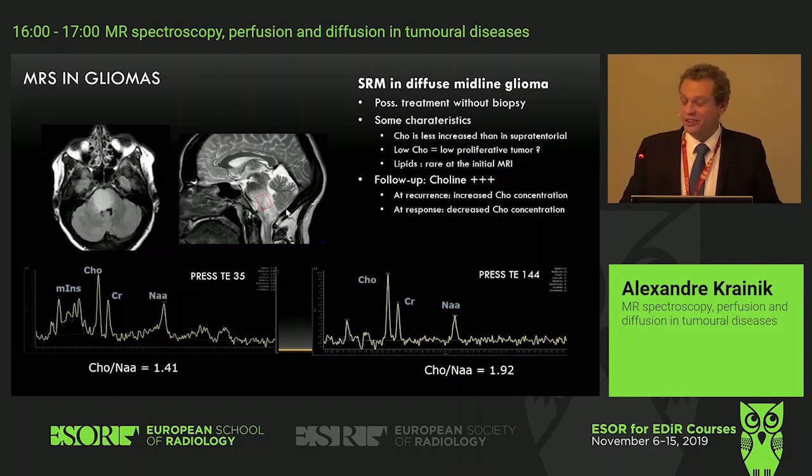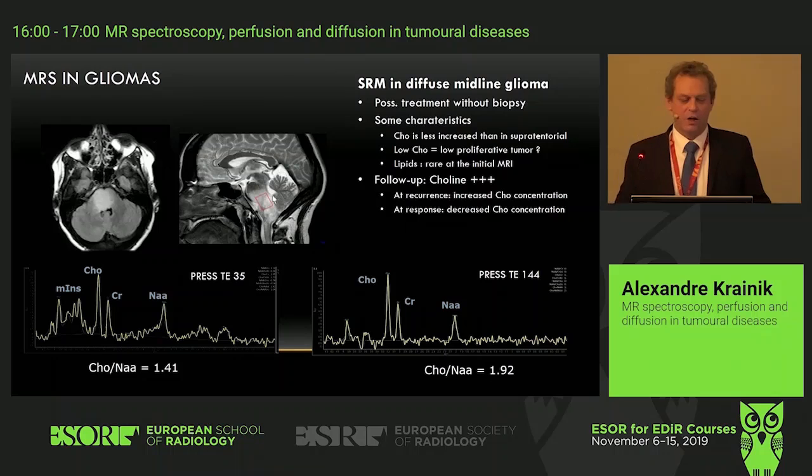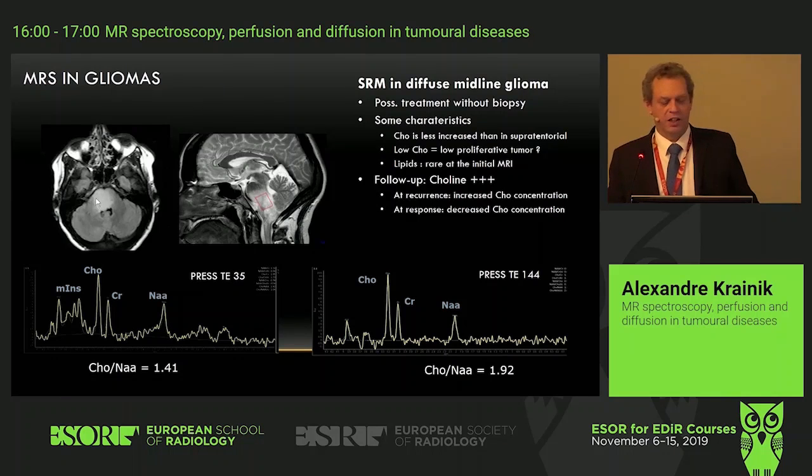It can be really interesting, especially in the diffuse midline glioma, because for certain lesions it's very hard to get a biopsy. Okay, and now it has been stated that it's possible to cure this patient without any histological proof when the images are typical, and especially when you can demonstrate the nature of the lesion using spectroscopy, for instance.